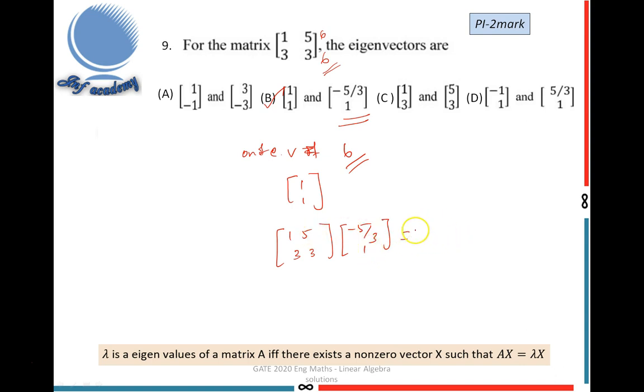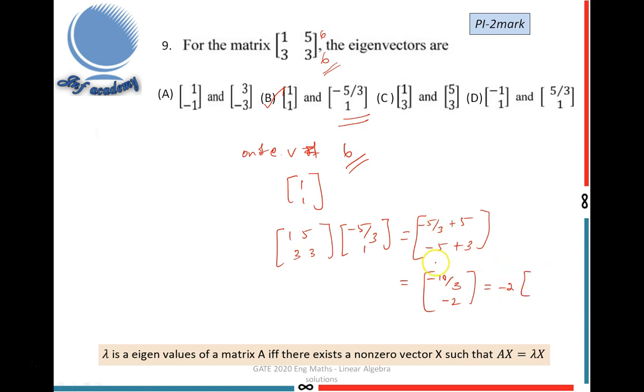Multiplying this: minus 5 by 3 plus 5, and 3, 3 cancel, minus 5 plus 3. Minus 5 by 3 plus 5 means 10 by 3, and minus 2. Here minus 2 is common, so take it outside.